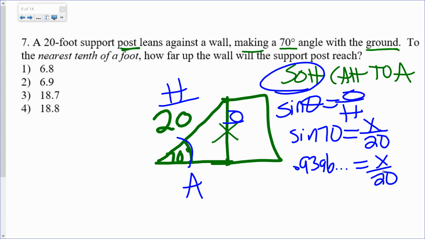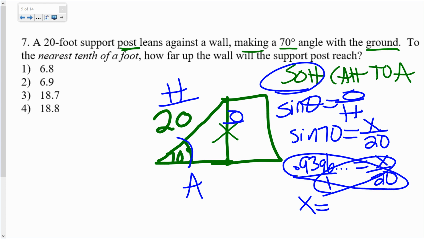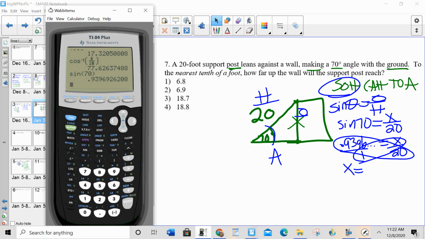But when I do the calculation, I'm going to utilize that. 1 times x is x. 20 times 0.9396 dot dot dot. I'm going to do 20 times, and I'm going to tab up and copy and paste that. To the nearest tenth of a foot, it's asking. That's going to be 18.8.